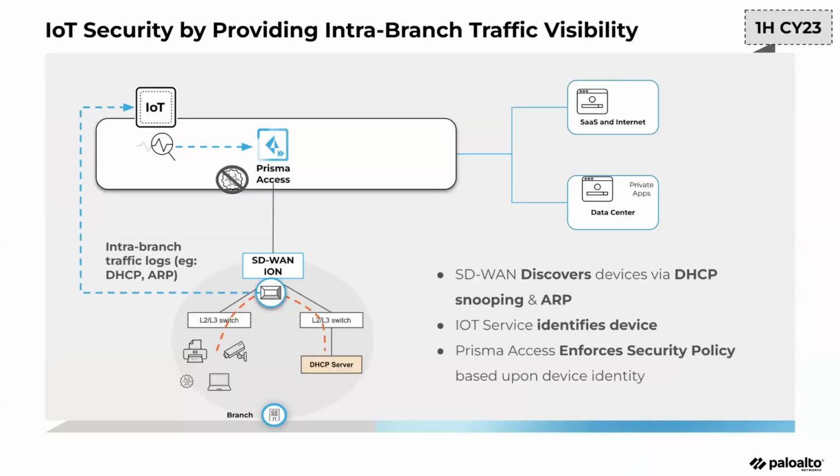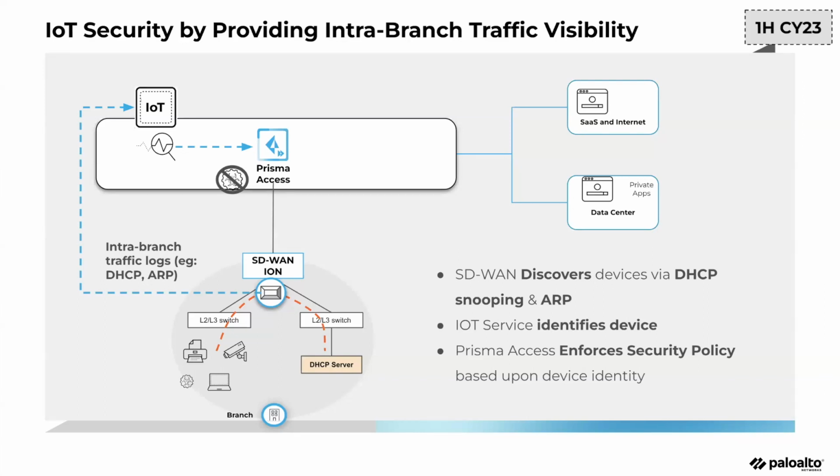So what Prisma SD-WAN already does, it does two things. One, which we introduced earlier this year, is that we monitor a couple of things in the branch network. We look for any DHCP traffic either to the ION or through the ION, so we snoop that, and then any ARP information attached to the ION itself.